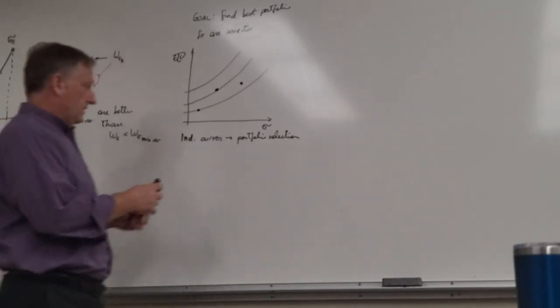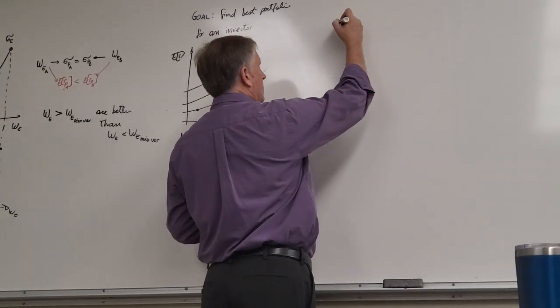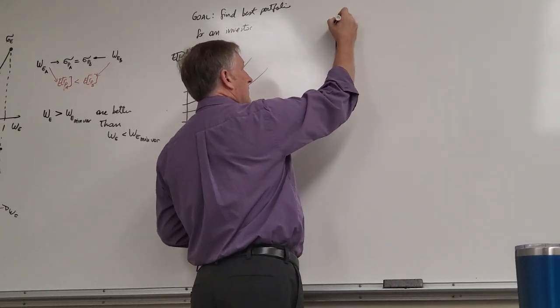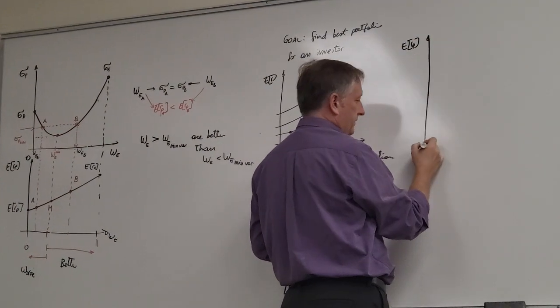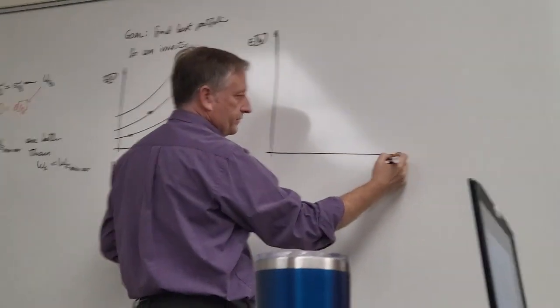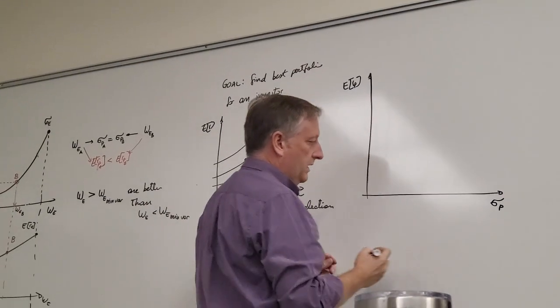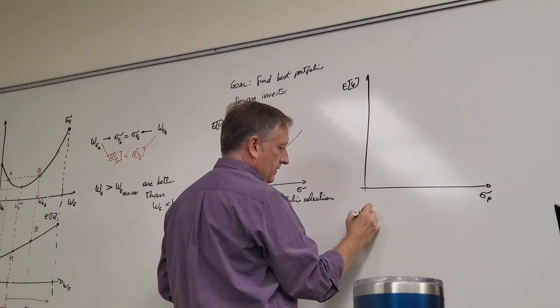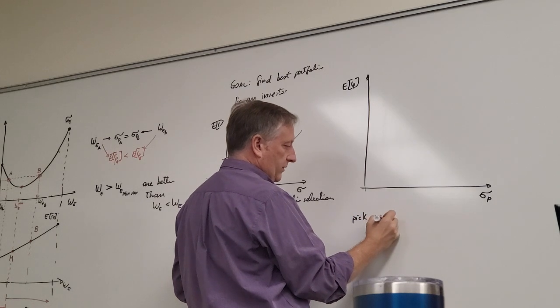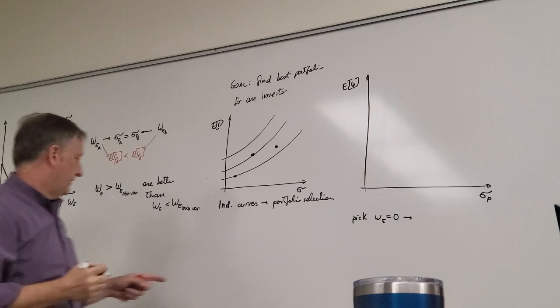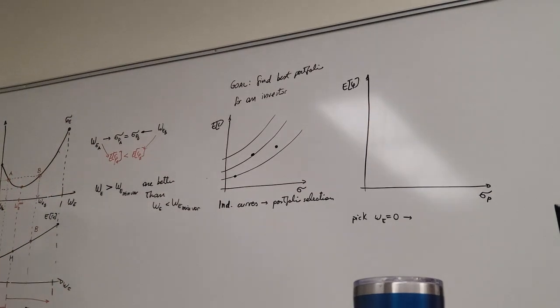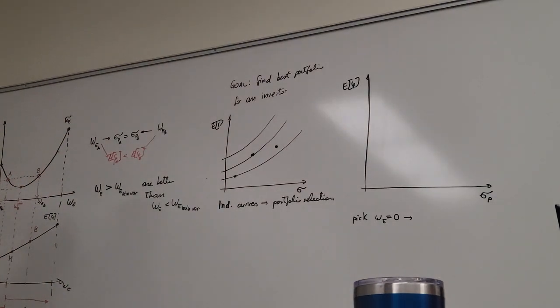So if you do the same thing, where you have expected returns of p here, sigma p here, pick the weight of equity to be 0. What do you get? If the weight of equity is 0, you get ERD and sigma d.